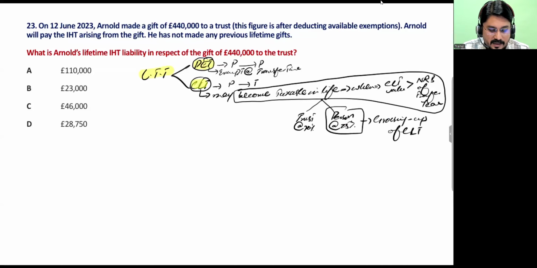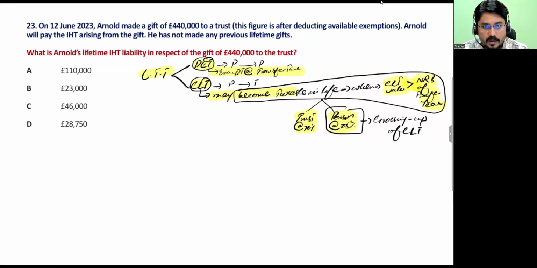One of them is a PET, another one is a CLT. A potentially exempt transfer is always exempt in life, whereas a CLT may become taxable when the CLT value is greater than the nil rate band of the transfer year. If this is the case, then if the trust performs the calculation, the tax rate will be 20% for IHT purposes in life. And if the tax is calculated by the person, then the tax rate will be 25%.